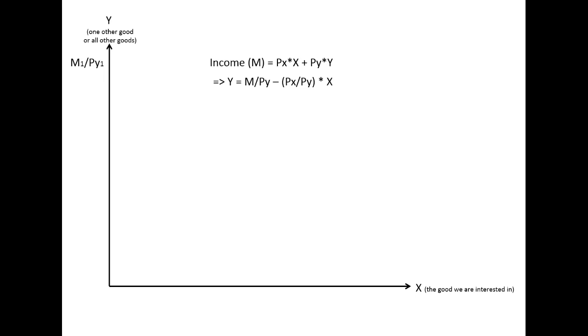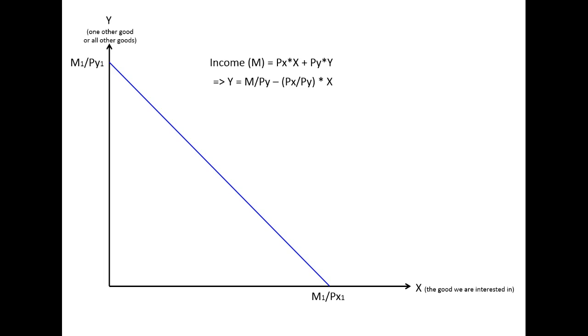If we make the assumption that we have an income M1 and we are facing the price Py1, we have this as the vertical intercept. And if we make the same calculation on the other side, we will have M1 divided by Px1 as the horizontal intercept. And you can only draw one straight line between two coordinates in the coordinate system.